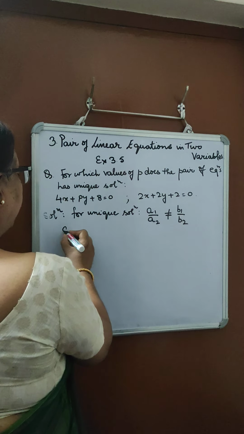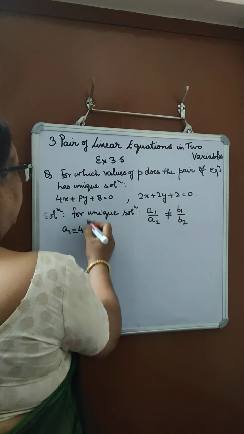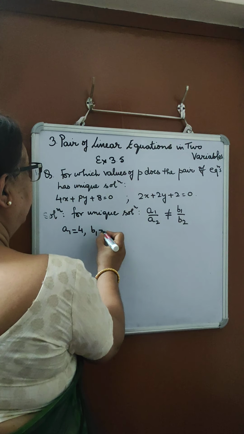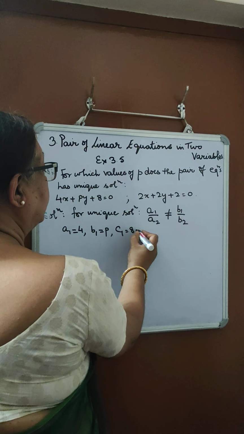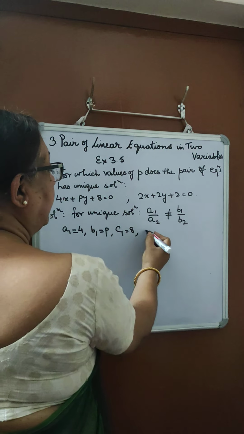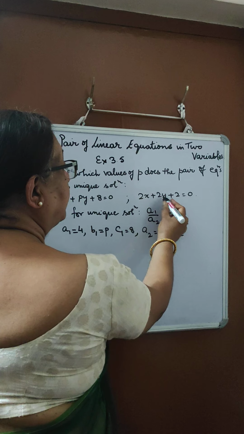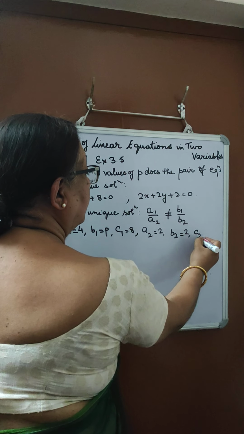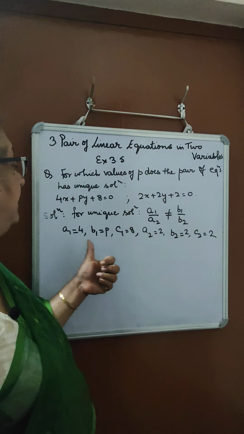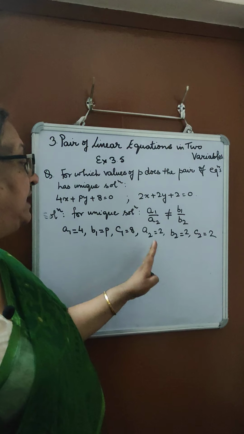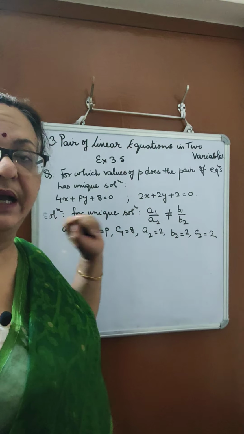What is A1? Coefficient of x. B1, coefficient of y. C1 is the constant, and from the second equation A2 is 2, B2 coefficient of y 2, C2 is the constant. So we now have the values of A1, B1, C1, A2, B2, C2, though we do not need C1 and C2.